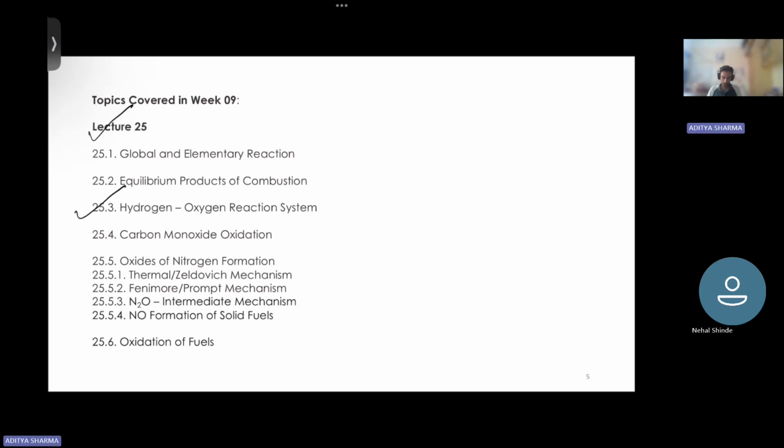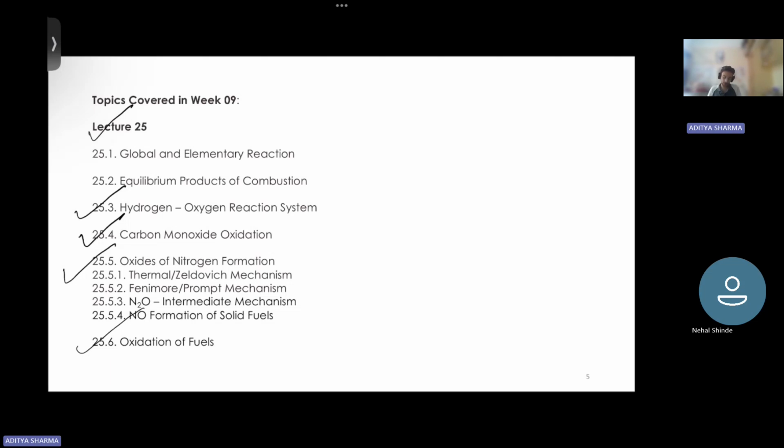Then is your carbon monoxide oxidation. Then is your formation of nitric oxide, or oxides of nitrogen formation. And then in the conclusion of this lecture, this oxidation of fuels also has been discussed, right?